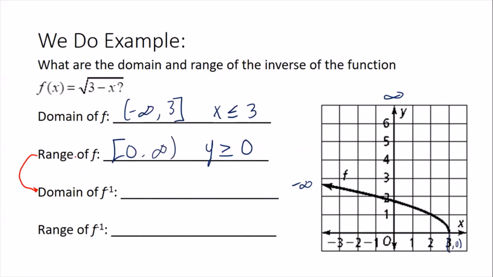All right. So the range of the function tells me the domain of my inverse. So we're at 0 to infinity, and it's describing our x now instead of our y. And the domain of our function tells us the range of our inverse, which is negative infinity to 3.